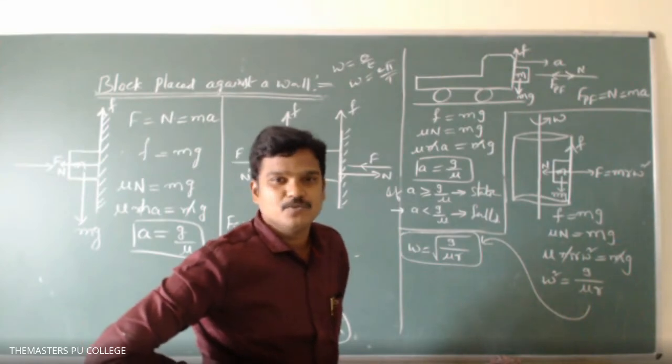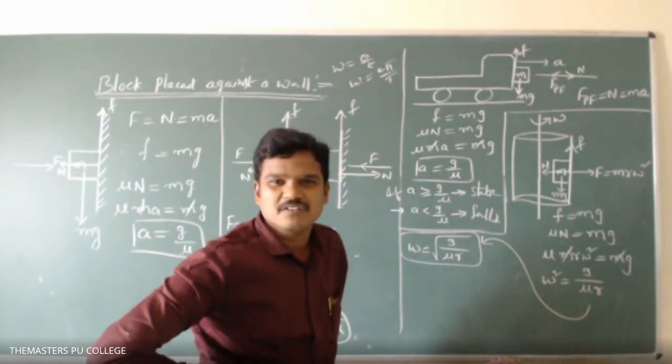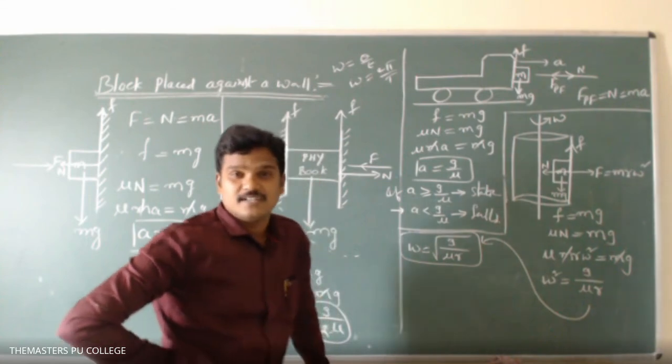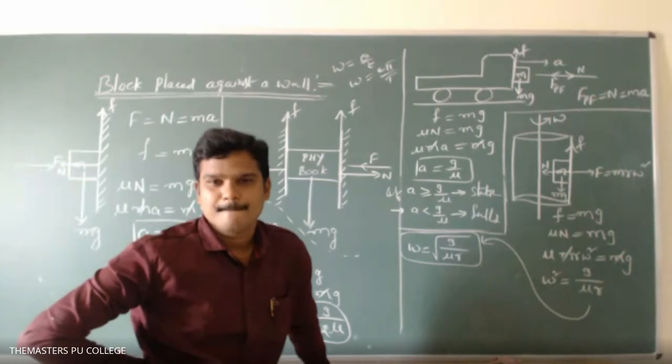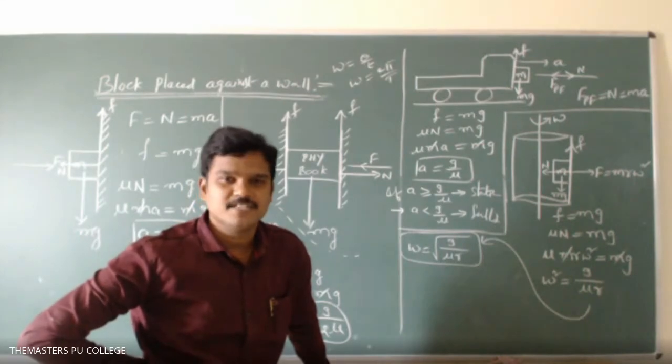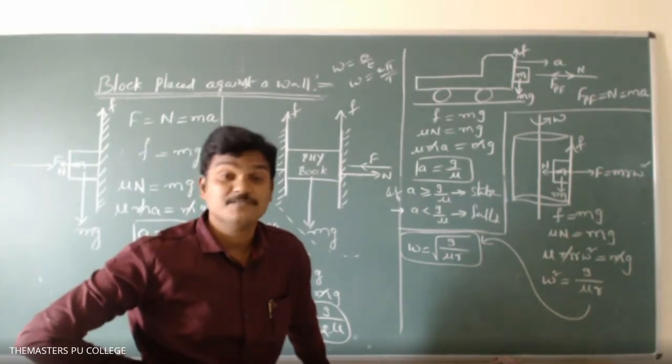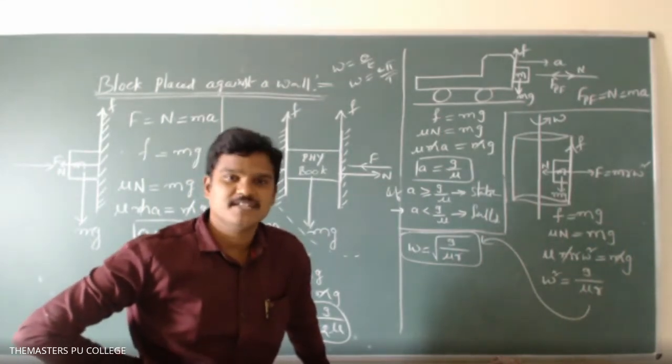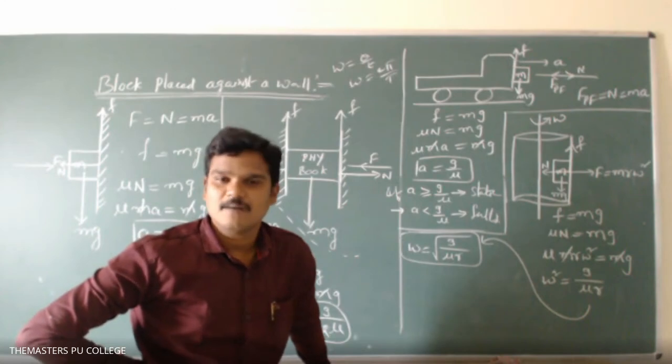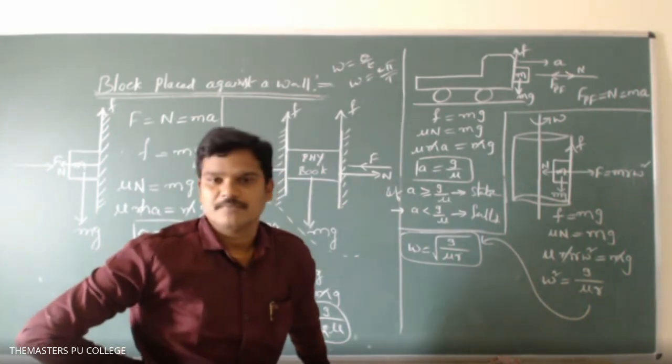T is the time period, the time taken by the pendulum to complete one oscillation. Number of oscillations per second is actually frequency, not time period. Don't worry, that will come in the next SHM chapter.